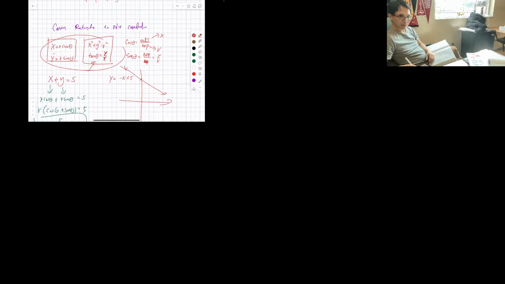Does that make sense? What's tangent of pi over 4? 1. What is y over x, right? y equals x. It's the rectangular format. You just convert from one thing to the other. You're using all the equations here.